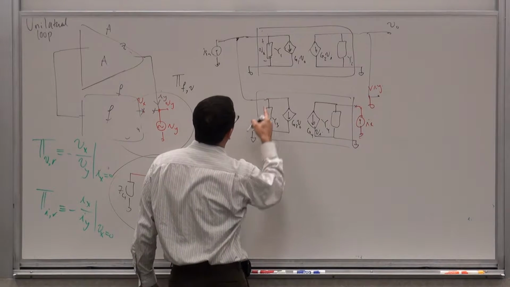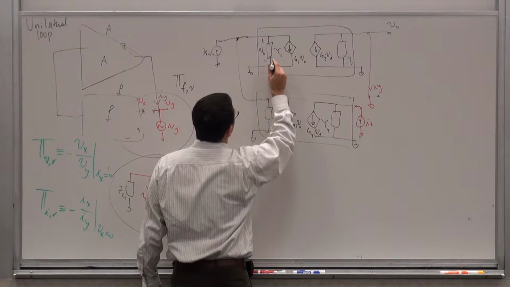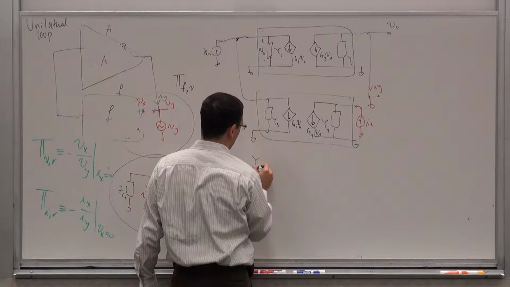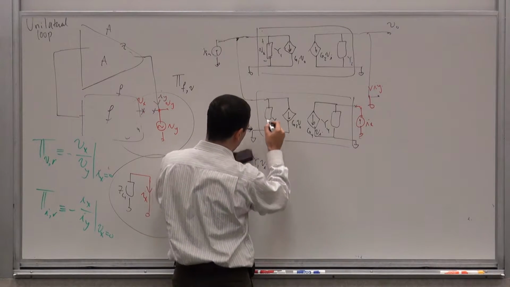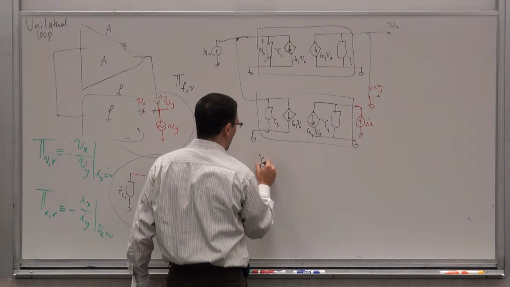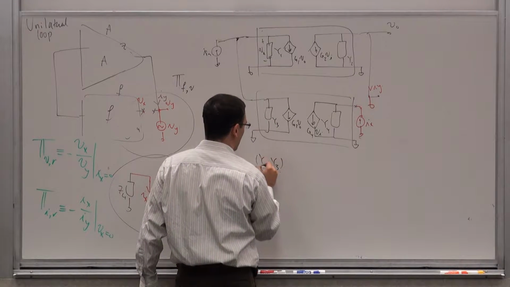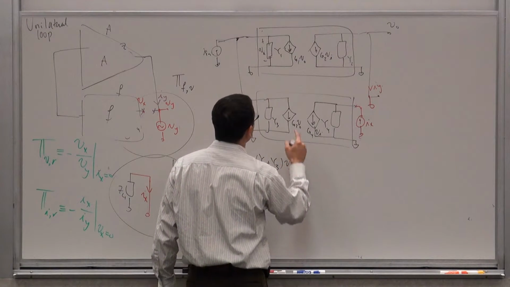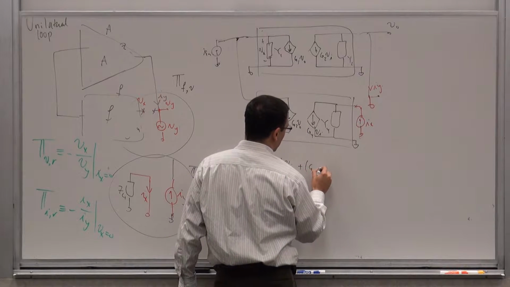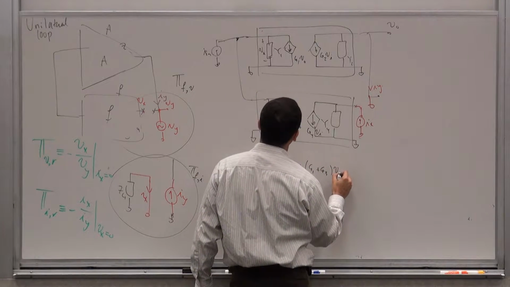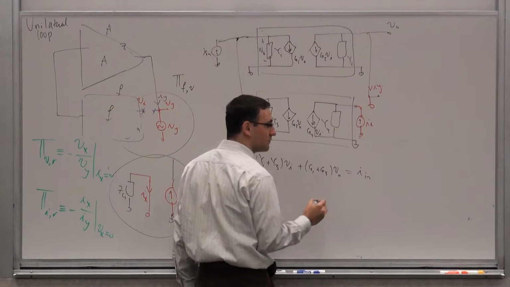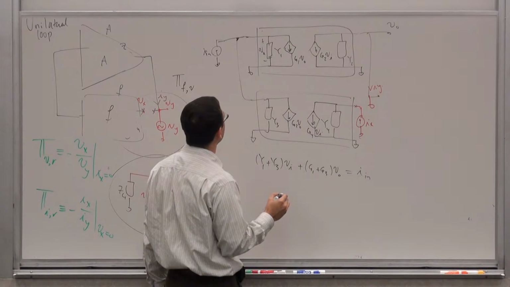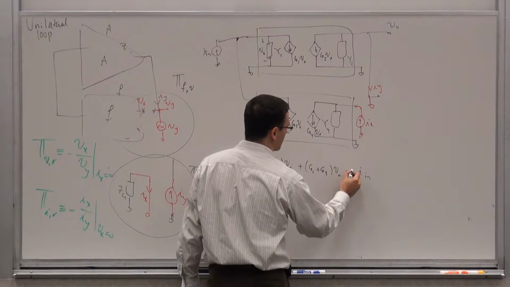It tells me that Y1 plus Y3, these are in parallel, right? Y1 plus Y3 times VI plus G1 plus G3 times VO is I, or equals minus I inside.